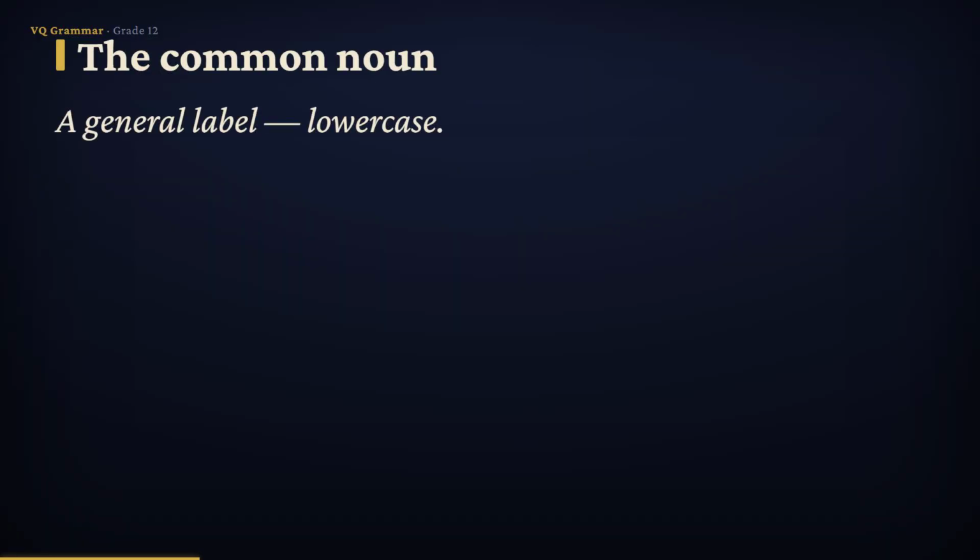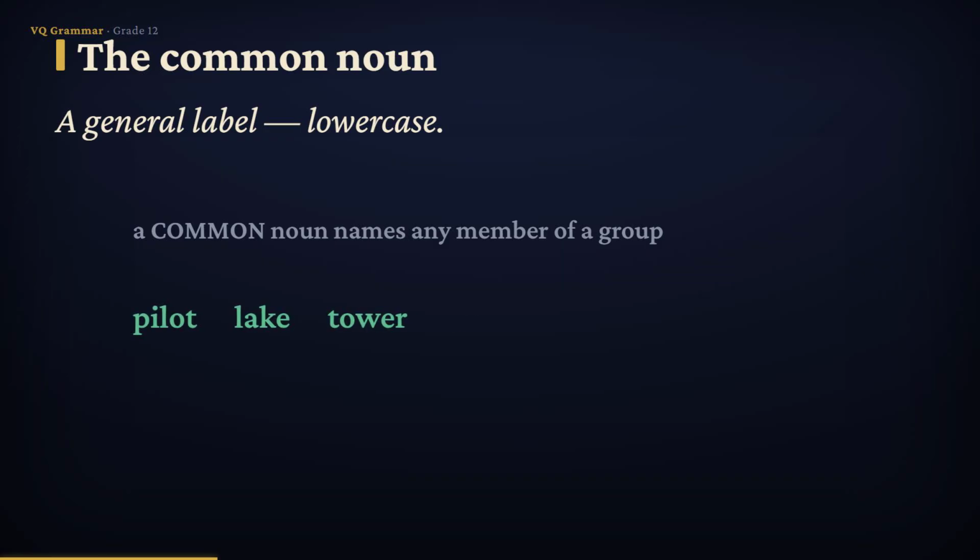Now the common noun, the everyday workhorse. A common noun names any member of a group without choosing one in particular. Pilot, lake, tower, day. Each one names a whole category rather than a single named thing. There's no name tag attached. It's just the class of thing itself.